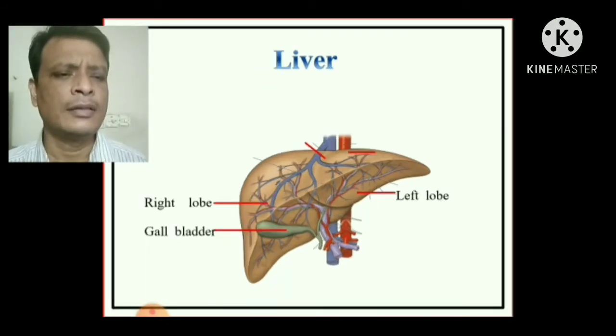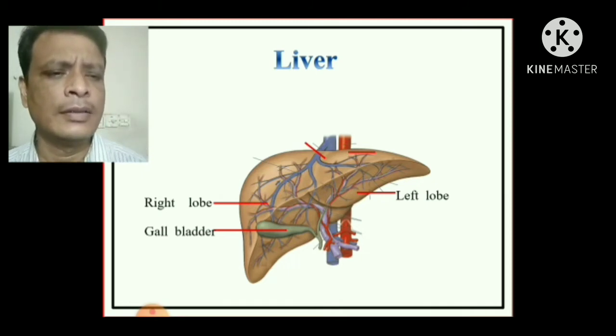The gallbladder stores the bile secreted from the liver temporarily. It also concentrates the bile, and this bile ultimately opens into the duodenum through the common hepatopancreatic duct through the ampulla of Vater.